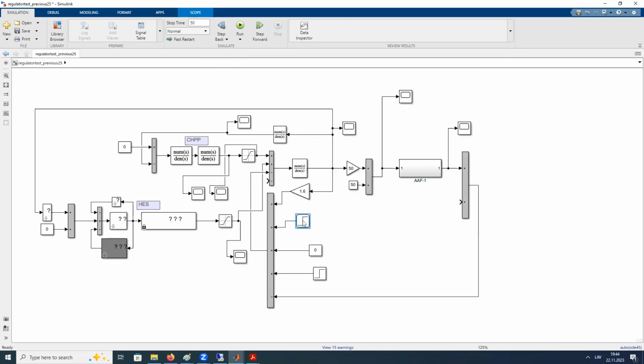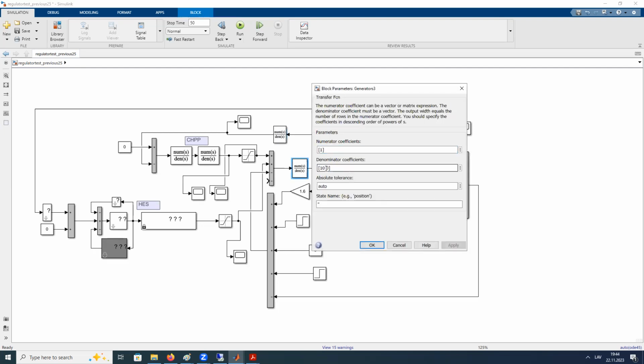We have two deficits, the first time moment and the second time moment. Here we got the statism. Here we got the inertia of the power system of 10%.